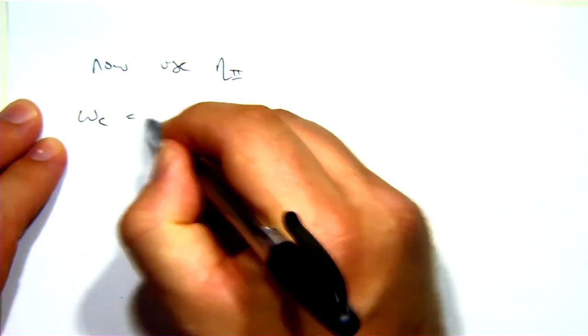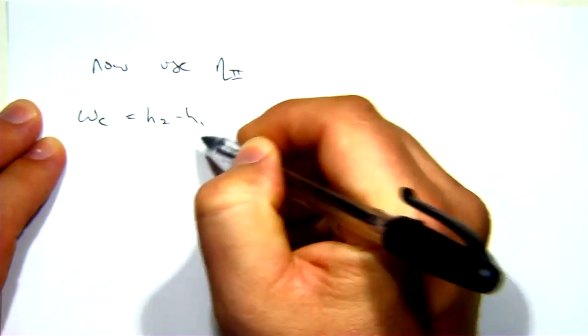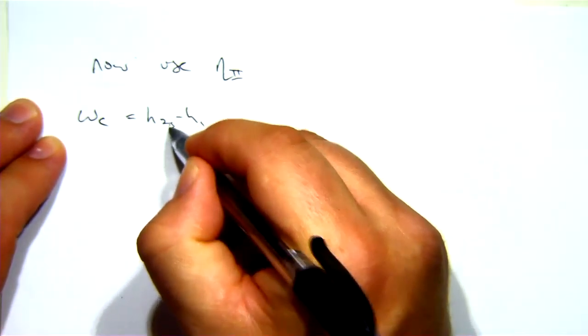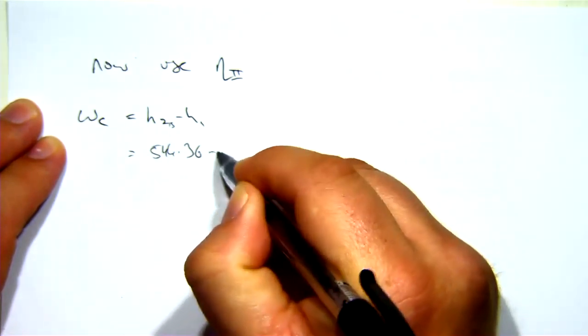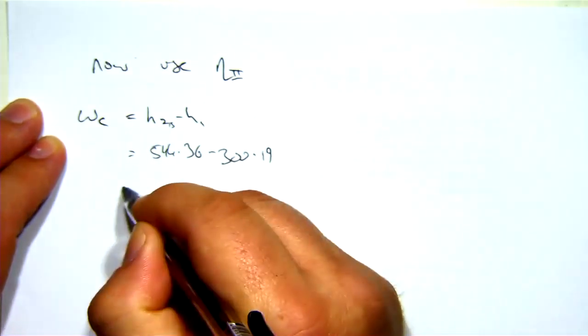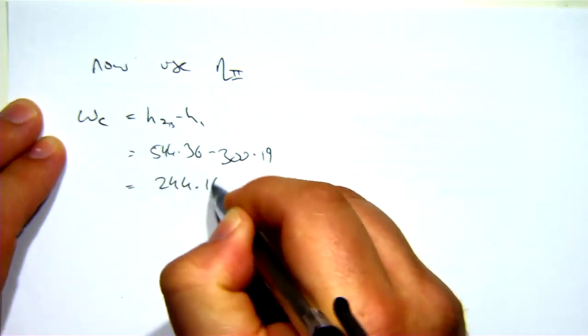The compressor work is H2S minus H1. I have both of those. 544.36 minus 300.19 equals 244.16.